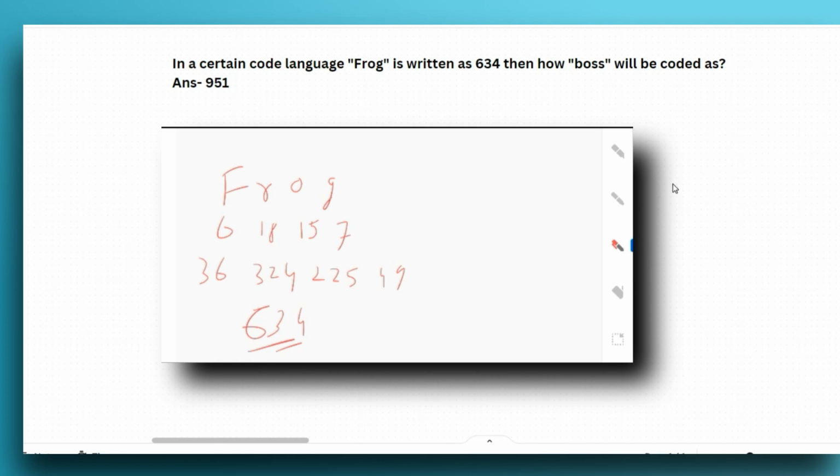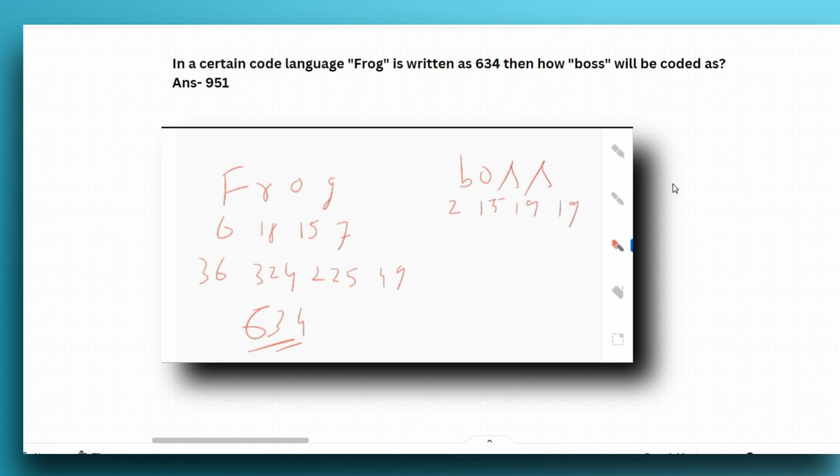So can this logic be applied to BOSS? Let me check. So BOSS, right? B is 2, O is 15, S is 19, and S is 19.